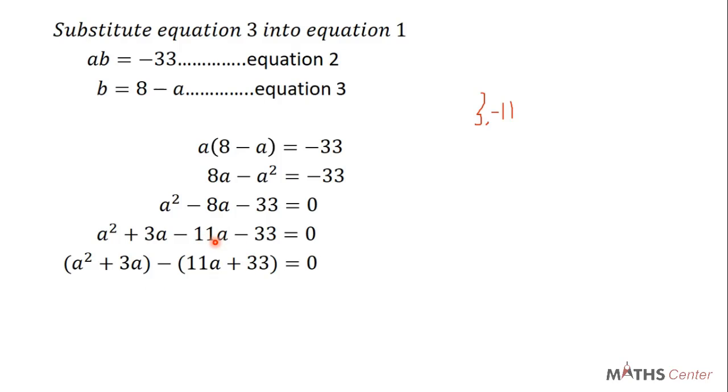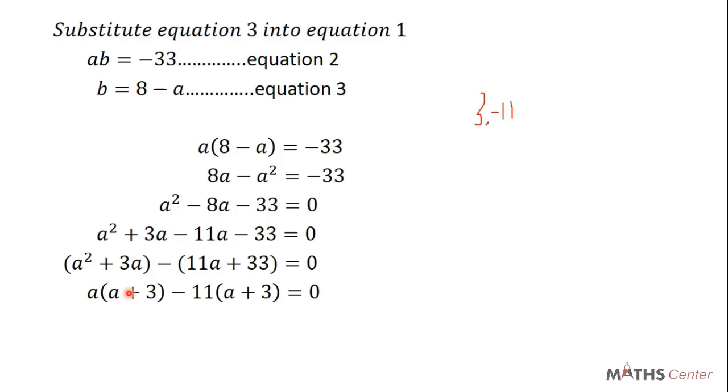Then you put minus 11A minus 33 into another bracket. Now, because there's a negative sign here, we change the sign in the bracket. All this was explained in the video on quadratic expressions. If you watch it, you are going to understand this very well. I keep repeating that because they have all been explained there, and when you watch it, you understand how to solve these types of equations.